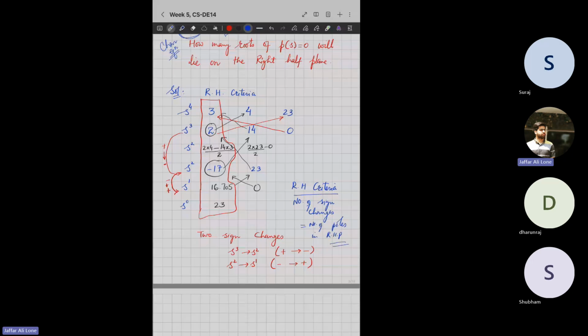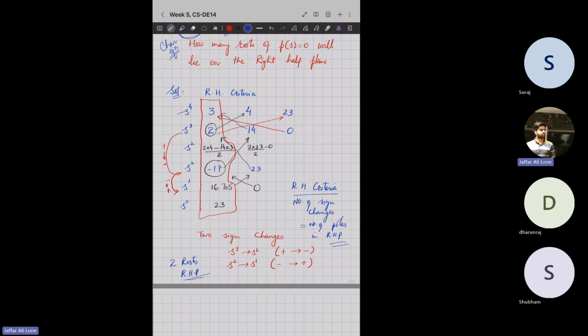So for this problem, we have two poles in the RHP. What was the question? How many roots of P(s) will lie in the RHP? There are two roots in the RHP. That is given by the Routh-Hurwitz criteria. We got it.